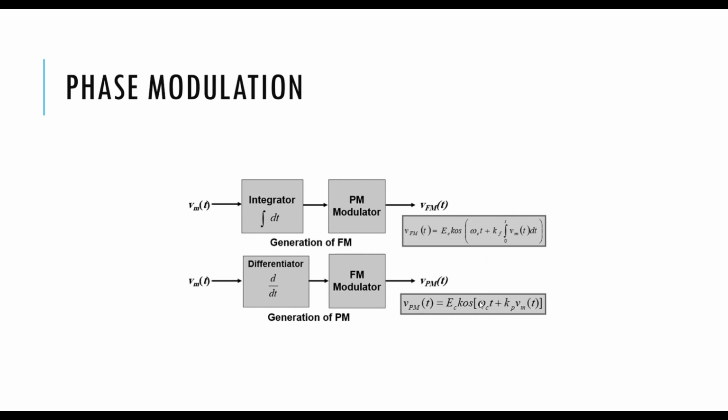For example, here you can see that we can generate an FM using a PM modulator, and we can generate a PM using an FM modulator by embedding an integrator or a differentiator before the modulator itself. This is the final form of the phase modulated signal. It's just that the phase represents our own message signal.